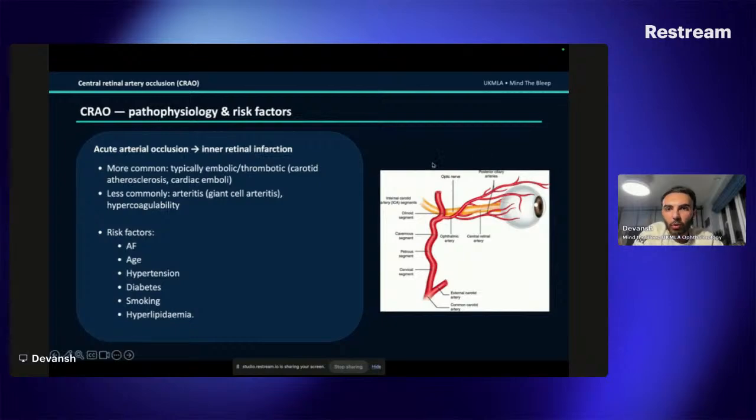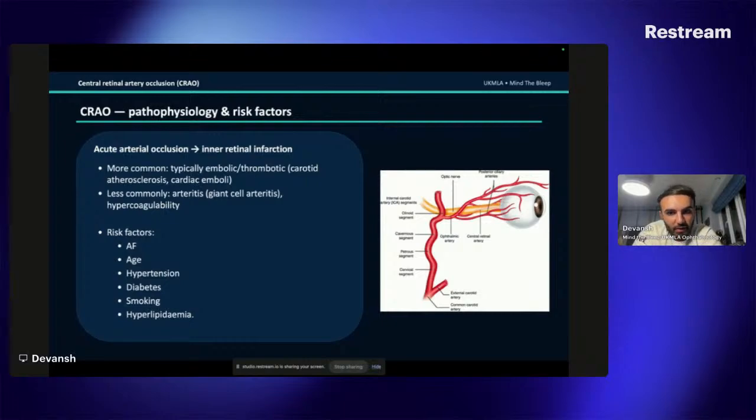So the most common cause of central retinal artery occlusion is an embolic or thrombotic event, either due to carotid atherosclerosis or a cardiac emboli. Less commonly, it can be due to arteritis such as GCA or a hypercoagulable state as well, such as a patient with thrombophilia, as well as other causes. So the key risk factors here, atrial fibrillation, a big one for the formation of these emboli.